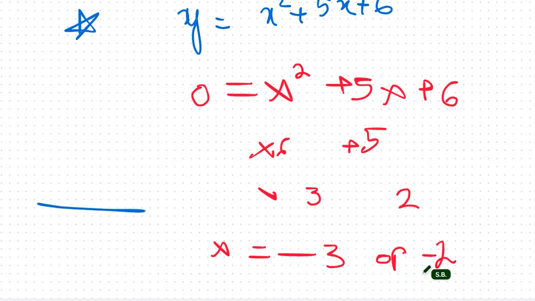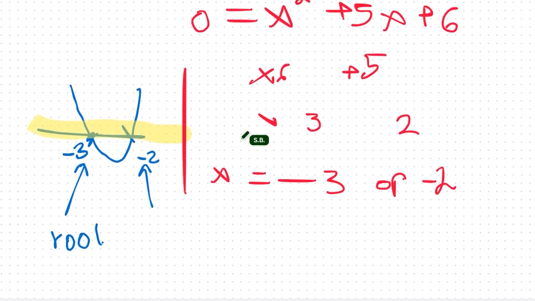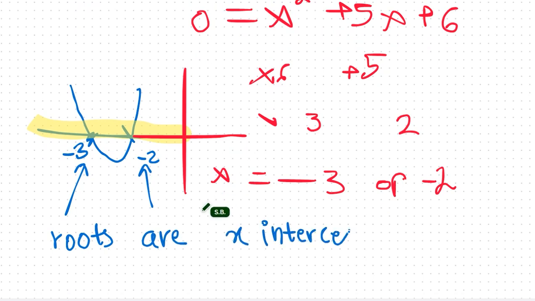If you look carefully, the graph will be something like minus 3, minus 2, right? See, this is the x-axis, correct? The roots are x-intercepts.